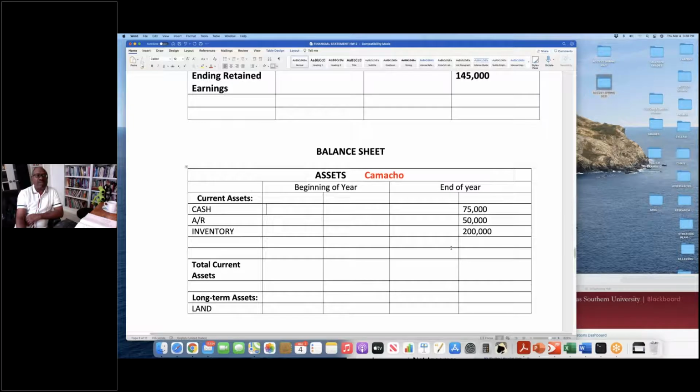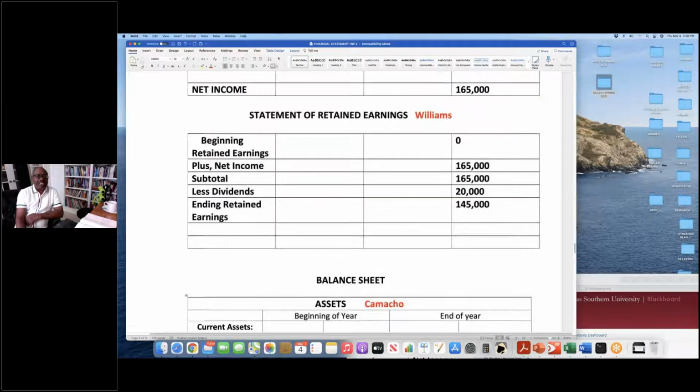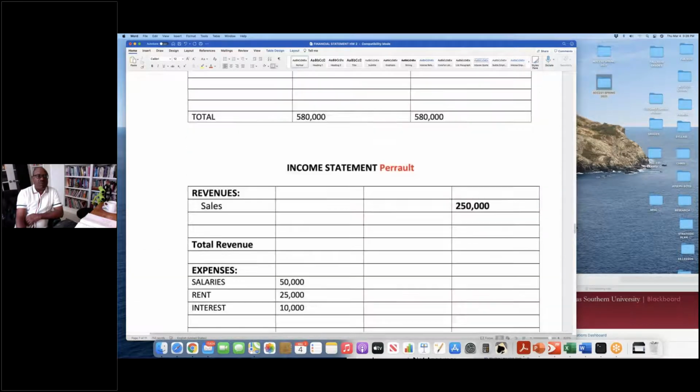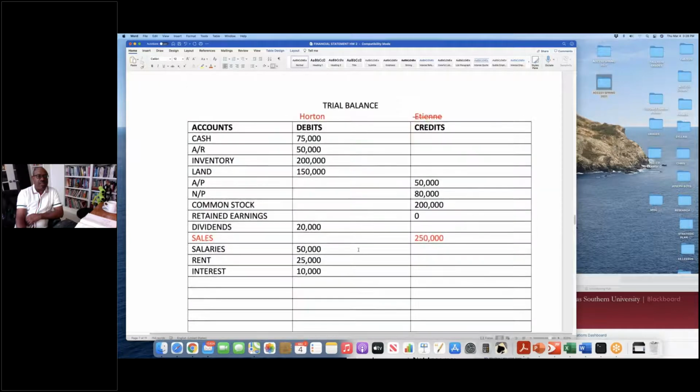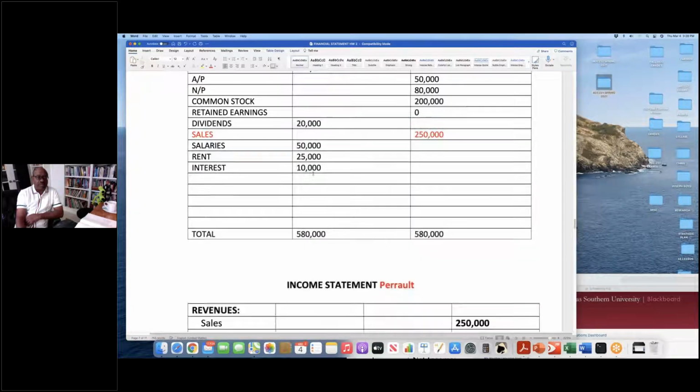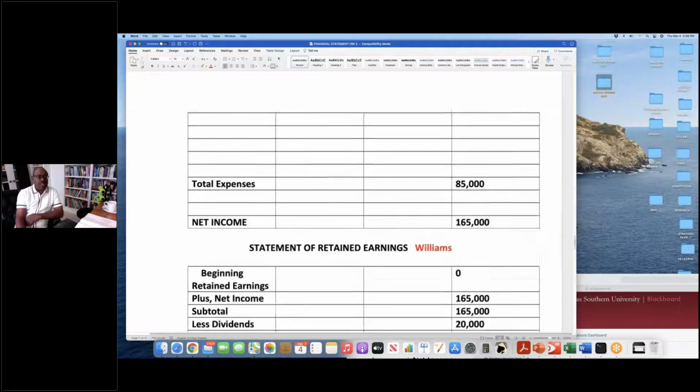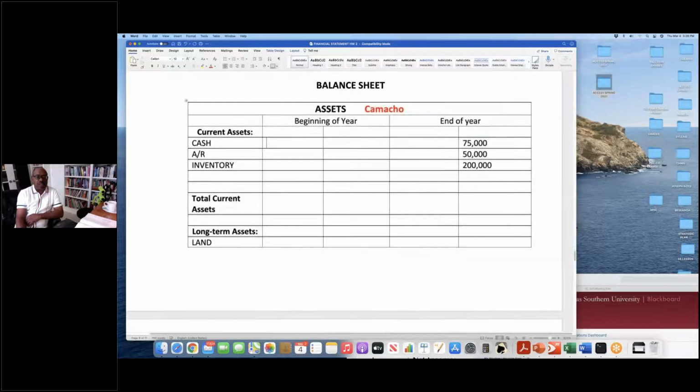After land, how much was land? 150. Yes, 150 for land. So land is a long-term asset, and it goes here. So current assets are what, 250 and 75?